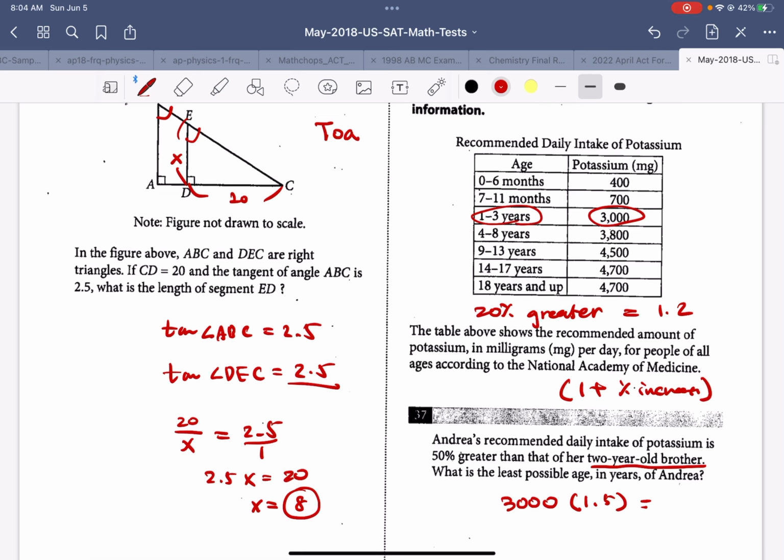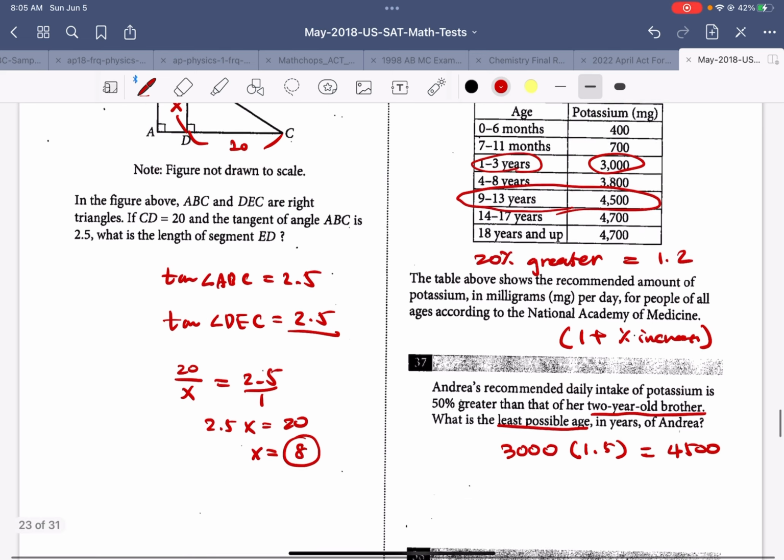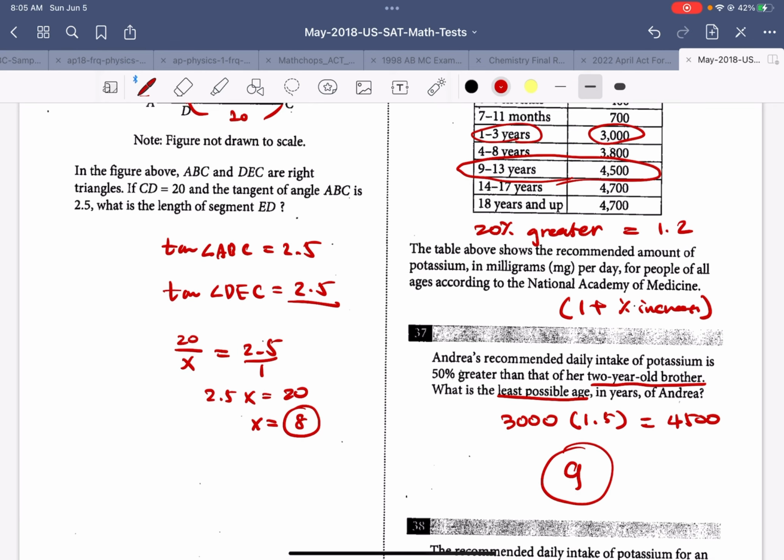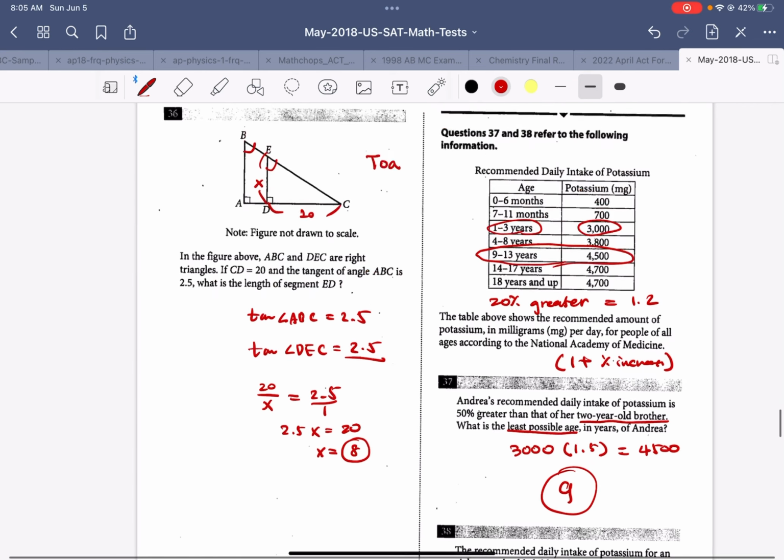If you multiply by 1.5, you will get 4,500. Looking at the table, 4,500 is located here. But you're looking for the least possible age, which is 9 years old. So the answer should be 9. That's how you do it.